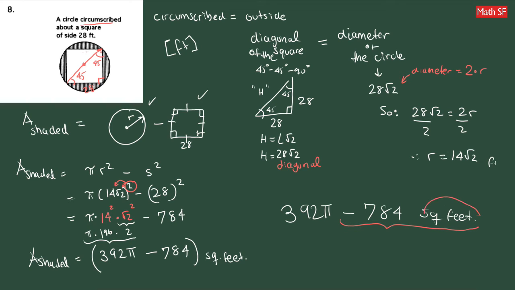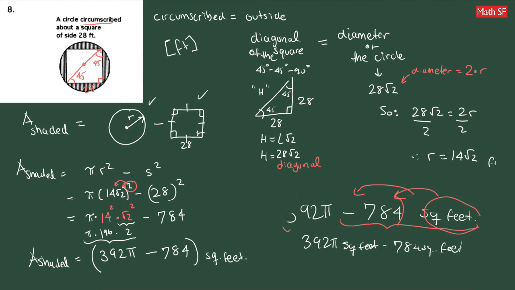So this square feet will actually only be affecting this one here. That's why we need to put the parentheses in here. So this will affect both of them, and it will actually say 392 pi square feet minus 784 square feet. That's why we put the parentheses around them.